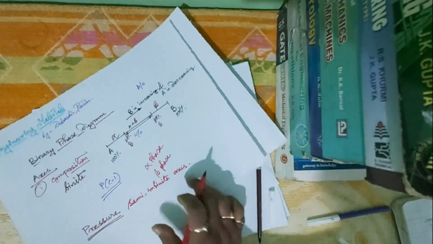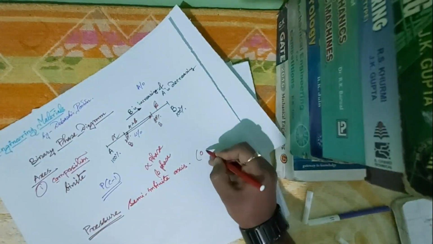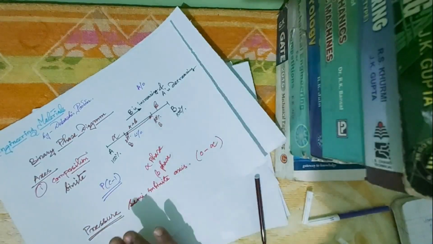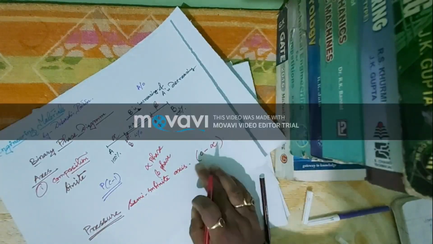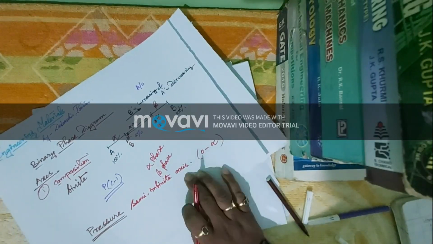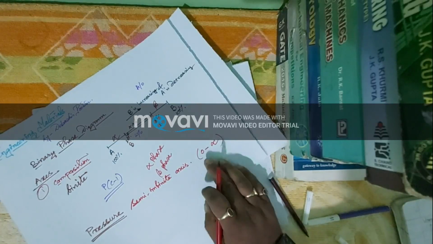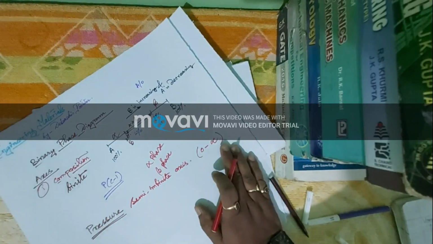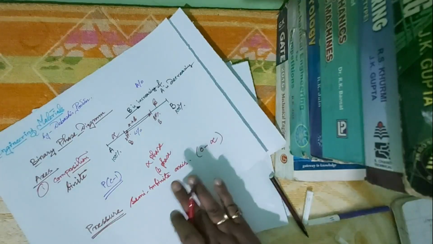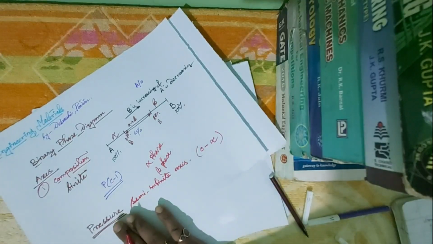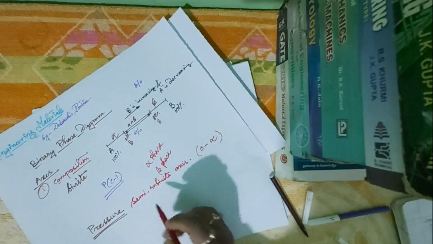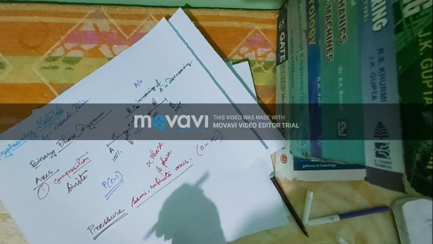Because pressure can vary from 0 to infinity, not from minus infinity to plus infinity. If it is minus infinity to plus infinity, then we can say infinite axis. Or from 0 to 100 atmospheric pressure, then it is a finite axis. But in case of pressure, it will vary from 0 to infinity. That's why it is a semi-infinite axis.